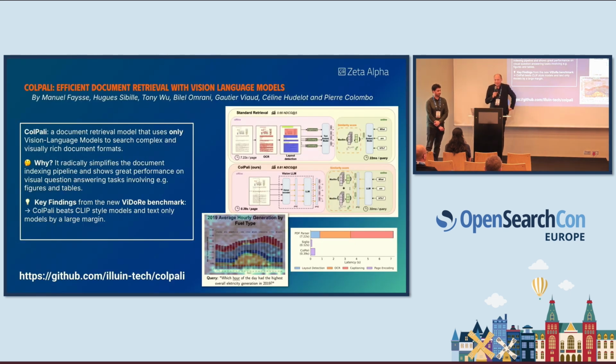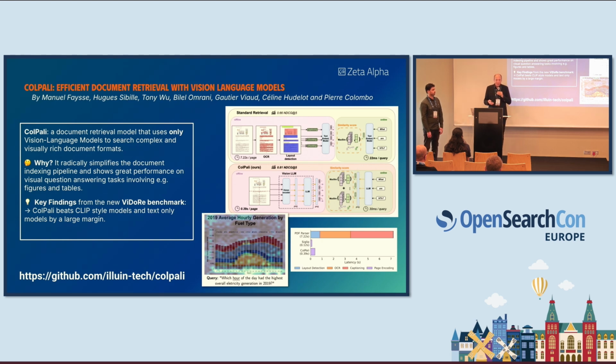But much more sophisticated approaches have emerged. This is a paper by Manuel Weiss that got published in June of last year, called ColPali, Efficient Document Retrieval with Vision Language Models. And it was a revolutionary new approach, because Manuel Weiss and his co-authors proposed to use a vision language model to completely eliminate the traditional information retrieval pre-processing pipeline.